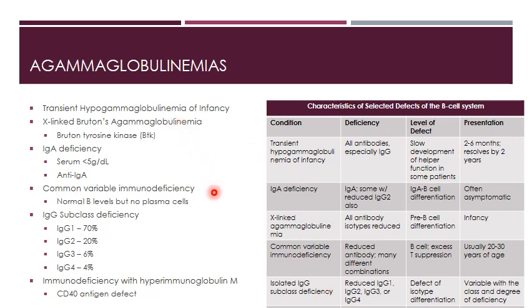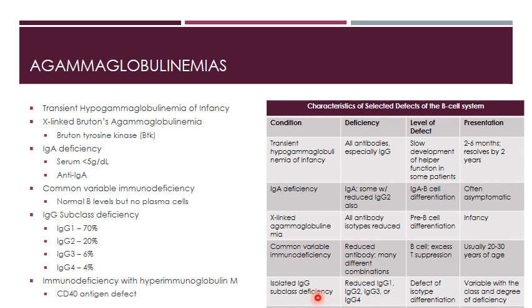The next one we have is X-linked Bruton's, pardon me, I wish I had a cough button. Bruton's agammaglobulinemia. And from the name, you can tell it is X-linked, not surprising there, which means it will occur more in males. That's because of the BTK gene, or Bruton tyrosine kinase gene, which is carried on the X chromosome.